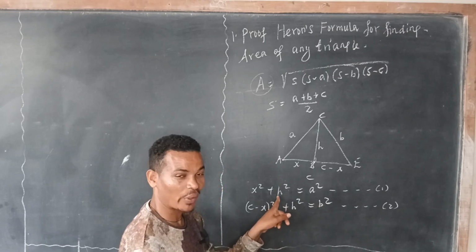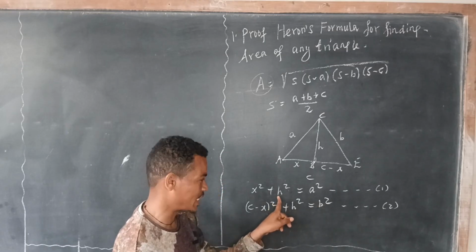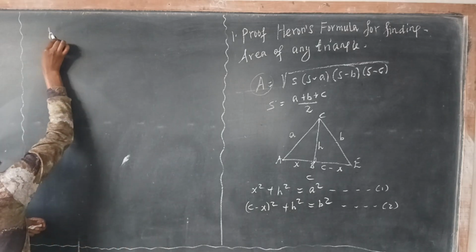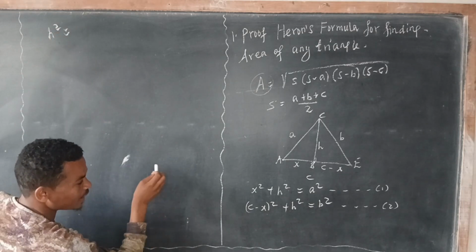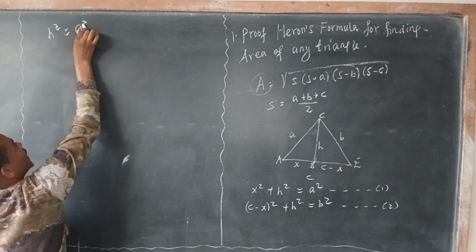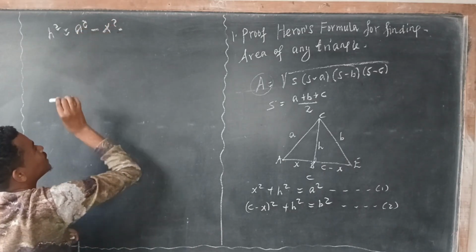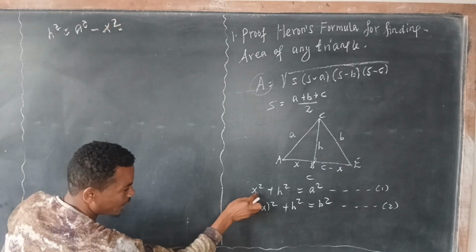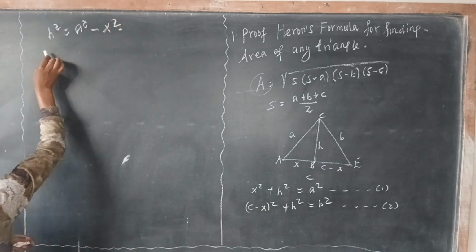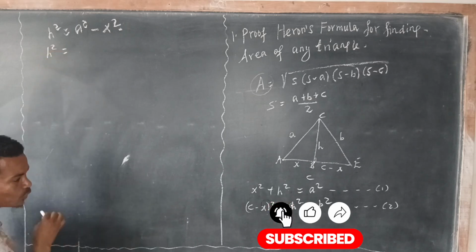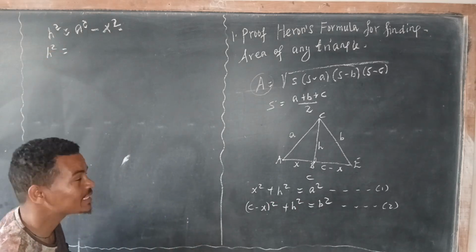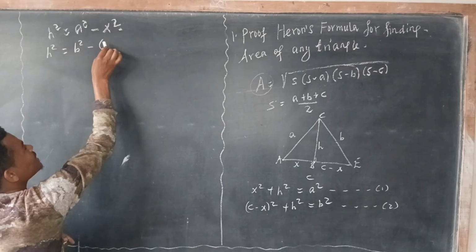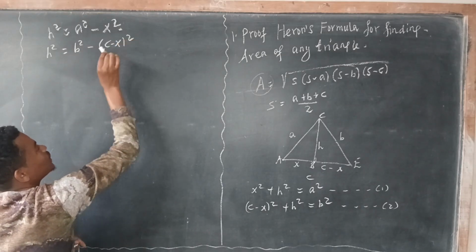Now let's solve these for h. From the first one, h square is equal to a square minus x square. From the second one, h square is equal to b square minus (c minus x) the whole square.